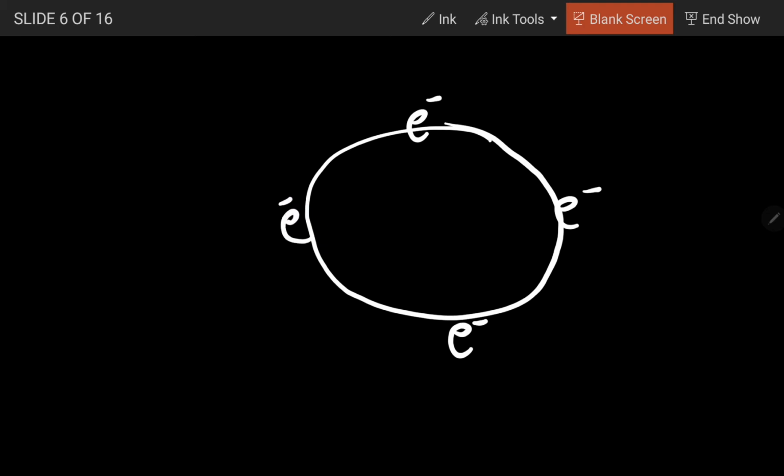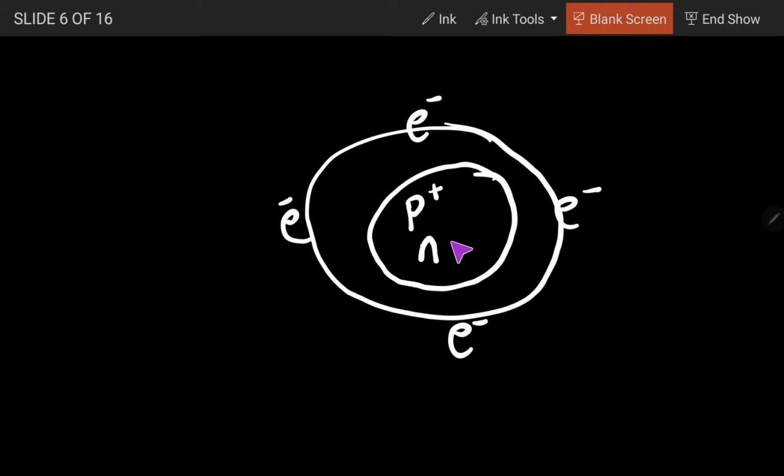Every atom has a massive positive center that we call the nucleus. Here we have the atom and here we have the nucleus. The nucleus has inside it the proton, which is positive charge, and also the neutron, which is neutral charge.